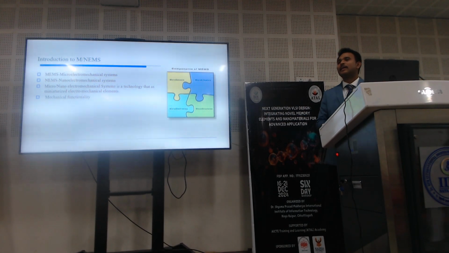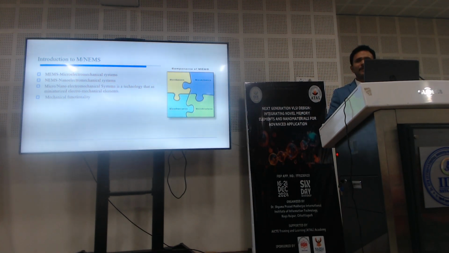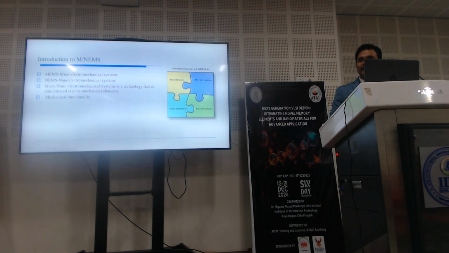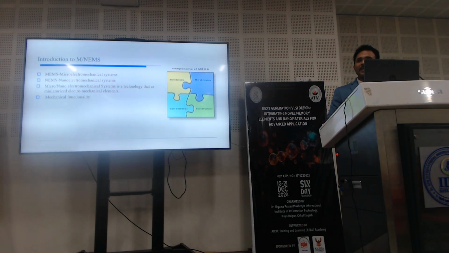Coming to the introduction of MEMS. MEMS has been around for some decades. We can call it the micro electromechanical system. There we can convert our mechanical functionality into electrical form, to measure things. It can come as micro sensors, micro actuators, micro electronics, microstructures.